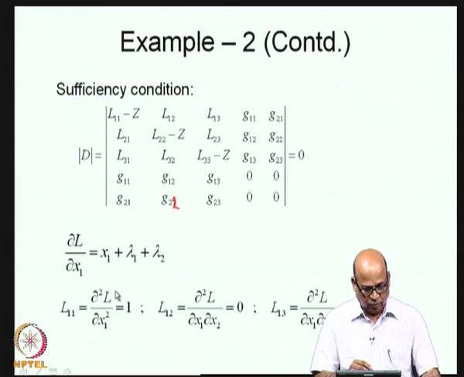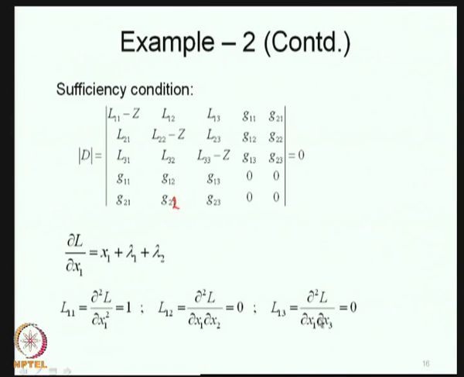L11 is d square L by dx1 square. dL by dx1 we know is x1 plus lambda 1 plus lambda 2. We take the second order derivative with respect to x1, so you get 1 here. Similarly, d square L by dx1 dx2 becomes 0, and d square L by dx1 dx3 becomes 0.